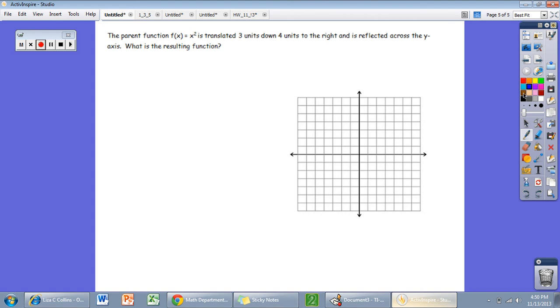Okay, we have one more example problem like that we're going to try. The parent function y equals x squared is translated 3 units down and 4 units to the right.